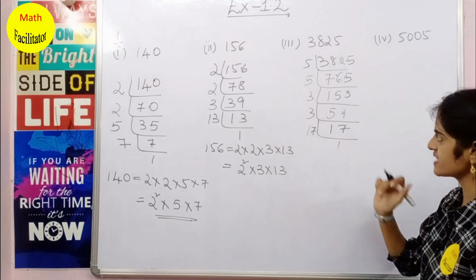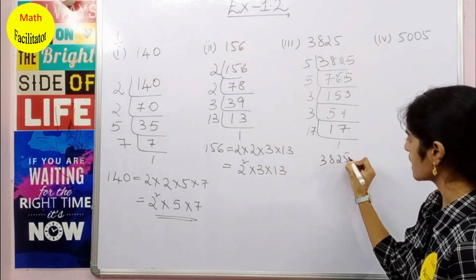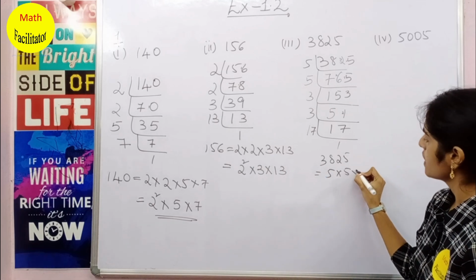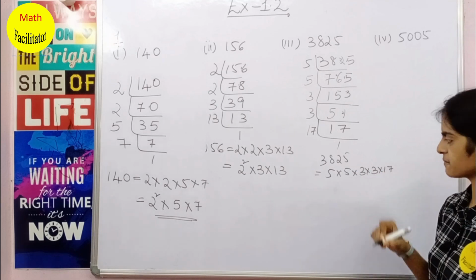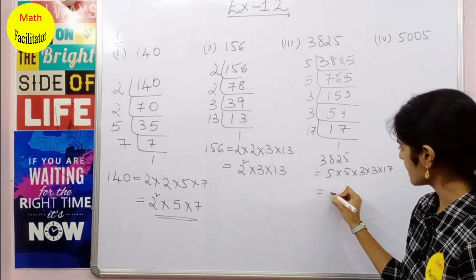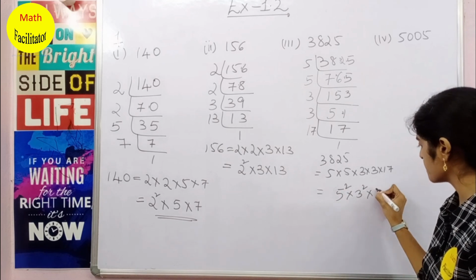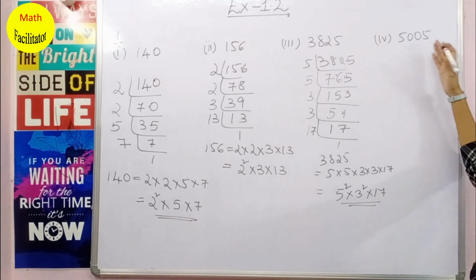So 17 1s are 17. So now 3825 can be expressed as 5 multiplied by 5 multiplied by 3 multiplied by 3 multiplied by 17. So this is nothing but 5 square multiplied by 3 square multiplied by 17. Clear?